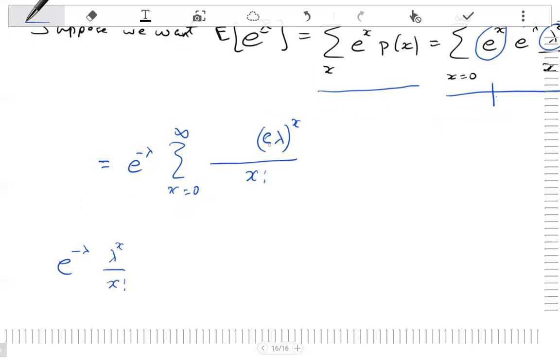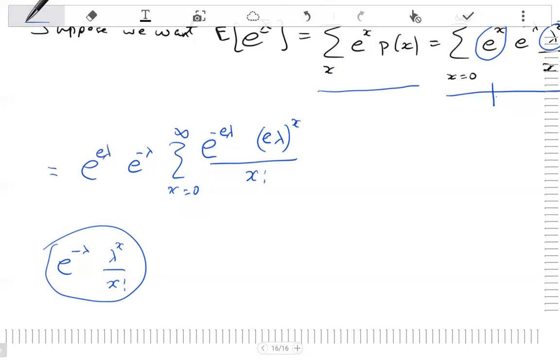So to get something similar, we need to replace lambda in this expression by e lambda. In other words, what we're missing here is an e to the power minus e lambda. And to not change anything, we multiply by e to the power e lambda outside. So now this is equal.